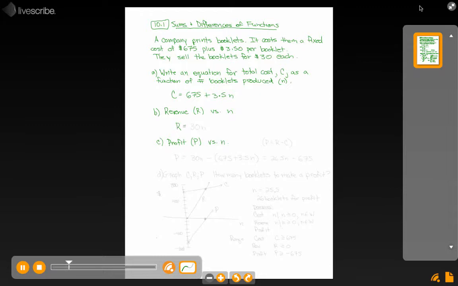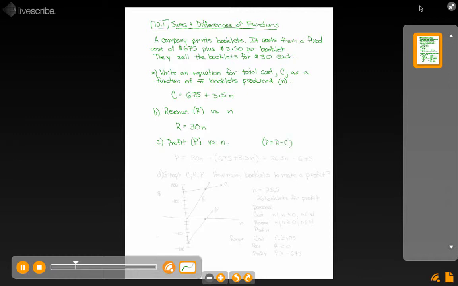Revenue is the total amount of money you bring in, so it's just going to be $30 times the number of booklets that they actually sell. And profit is just, in general, if you're not a capitalist, the difference between how much money you brought in and how much things cost you. So profit in general is going to be our revenue minus our costs.